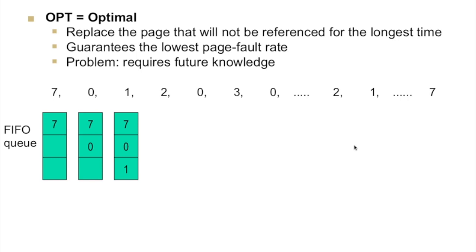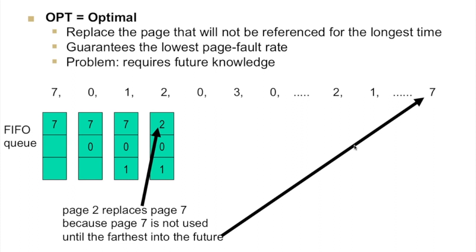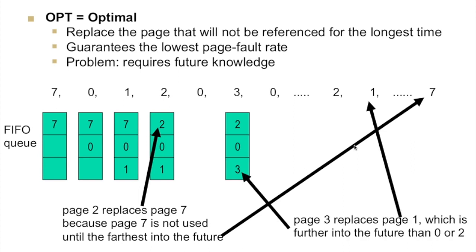So 0 is going to be used first in the future, then 1, and then 7. So again, in this example, 7 will be replaced with that page we wanted to add. So we evict 7 and add in page 2. Now we need to do page 0. Well, no page fault there, so now we need to go to the 3.